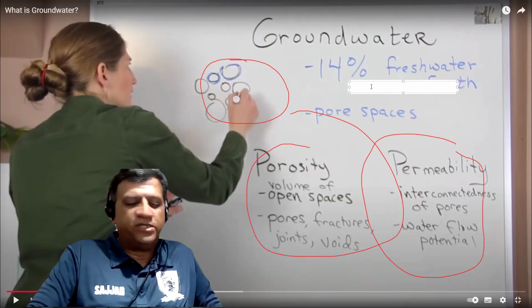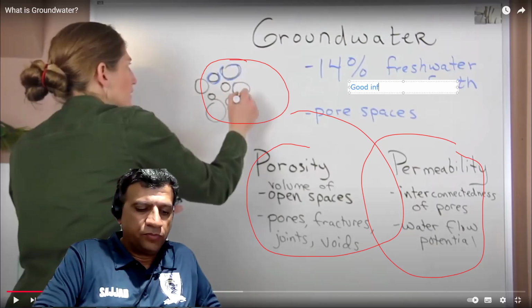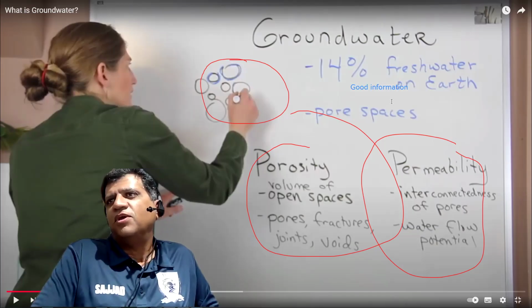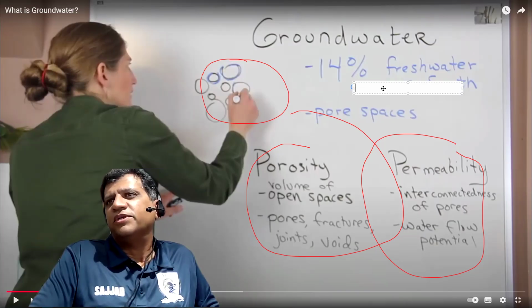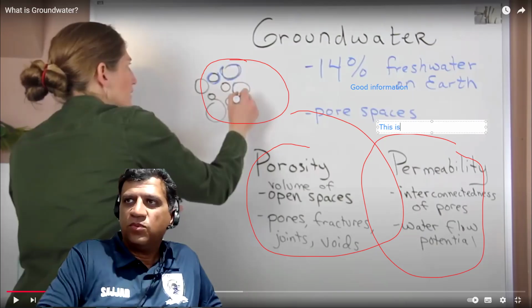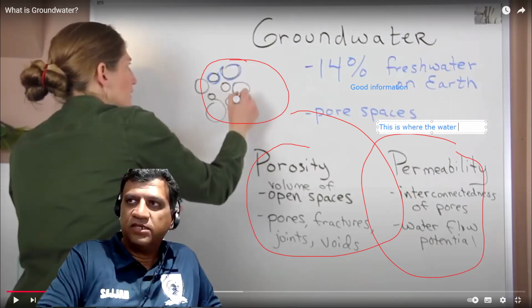Now, this is good information, but not really pertinent. It sounds good that, oh, wow, you know a lot, but it's not that important. Essentially, this is where the water exists.